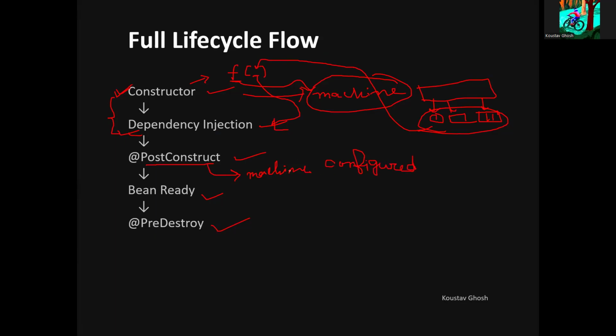And after the machine is configured, what will we do? We will run the machine. We will use the machine. After bean creation, we will use the bean in our programs. So here the bean is in use, which means the machine is running.